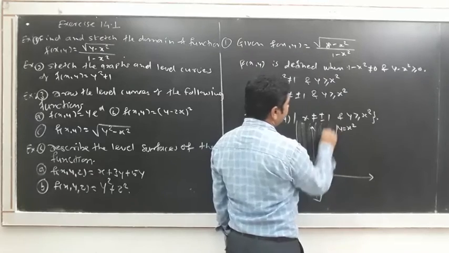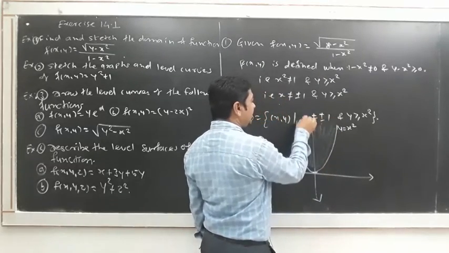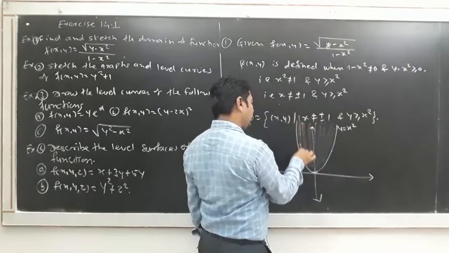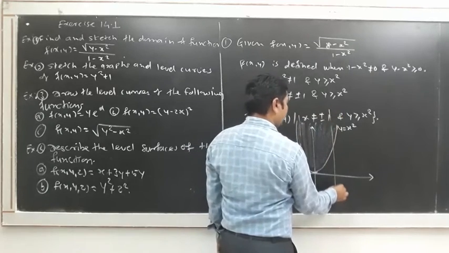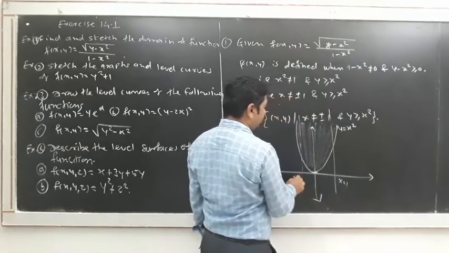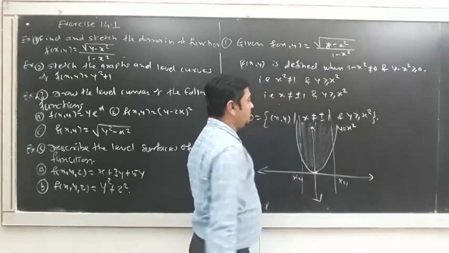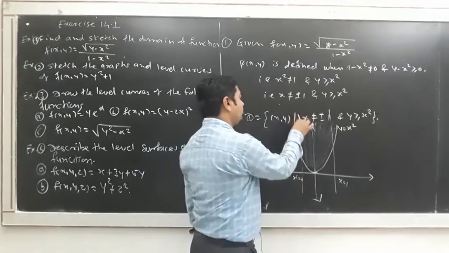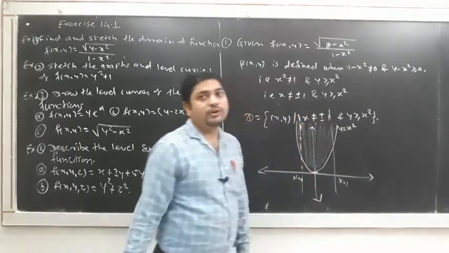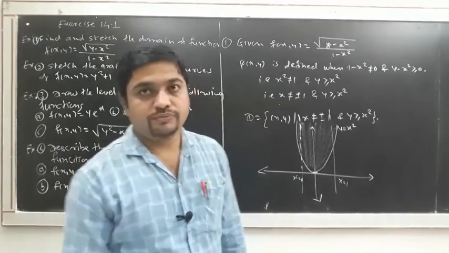And what do we have to exclude? We have to exclude the lines x is equal to plus 1 and x is equal to minus 1. These two we have to exclude. So this is our domain of the first function.